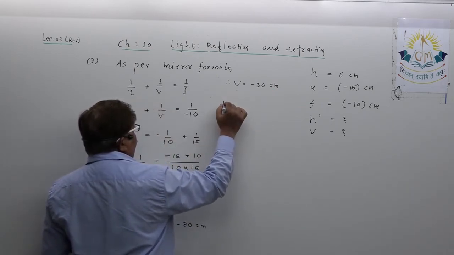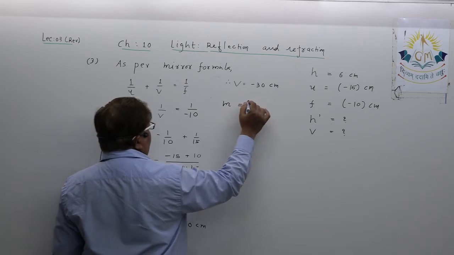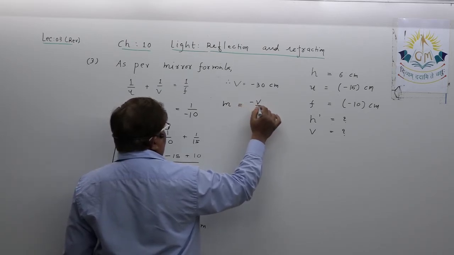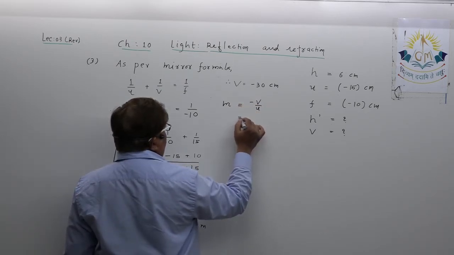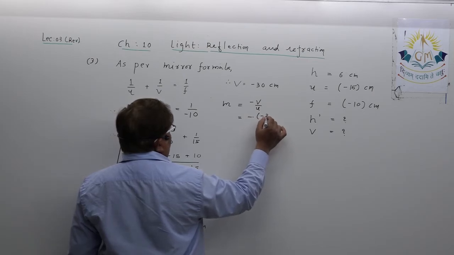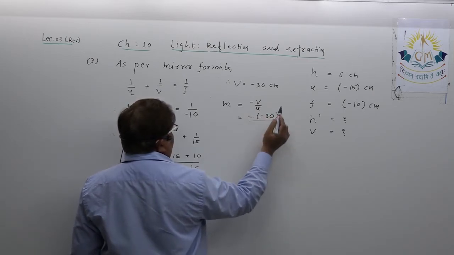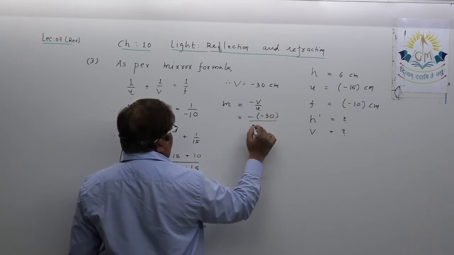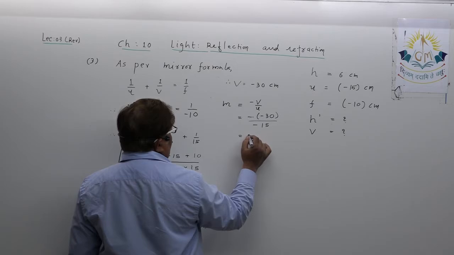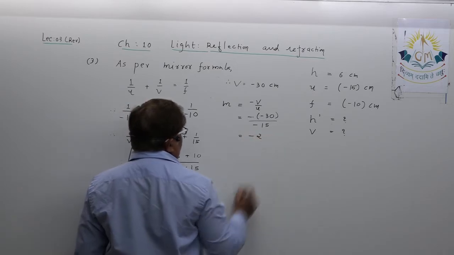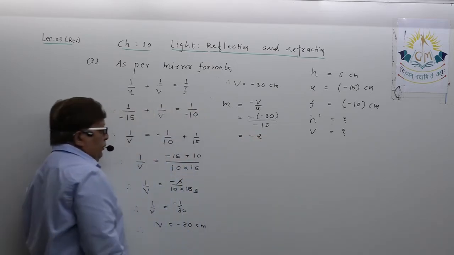Let us find m, minus v upon u. This is minus 30 upon u, that is minus 15. Ultimately, this is going to be minus 2.